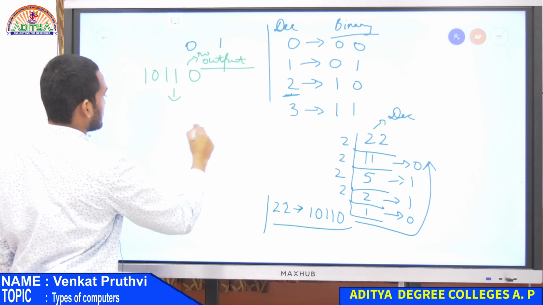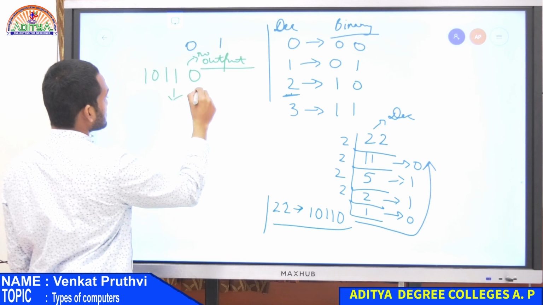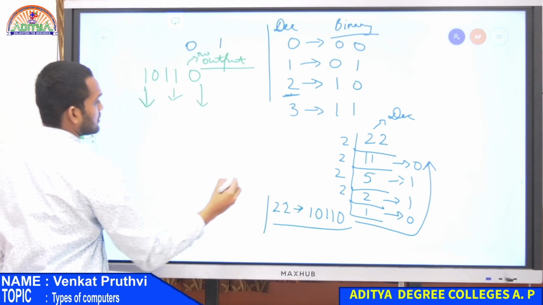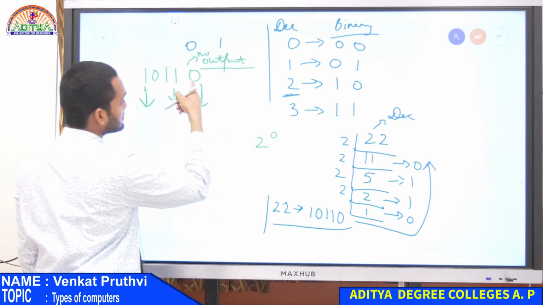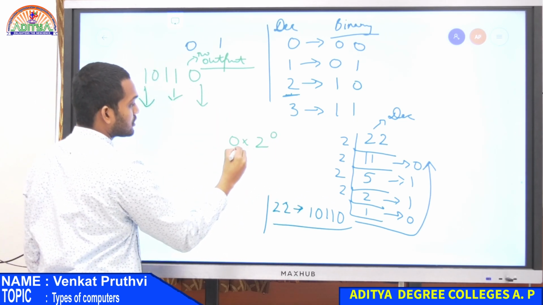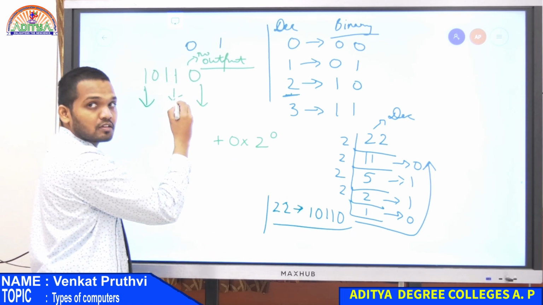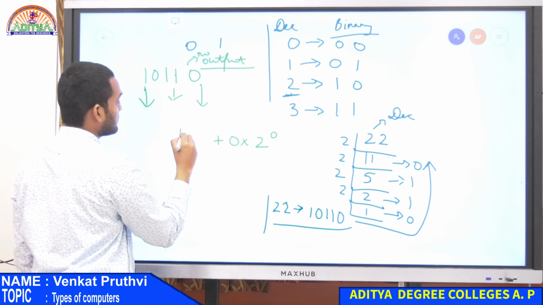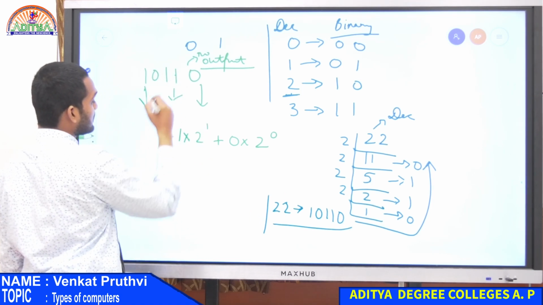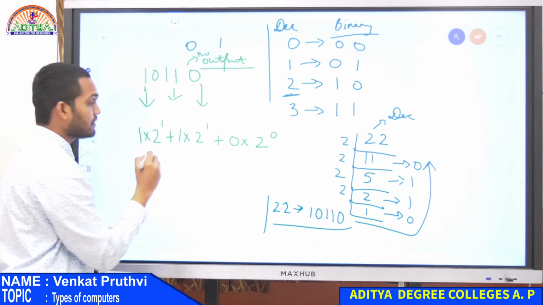Now, what is happening here? The last digit is 0, so this will be 2 power 0. What is the 0th units place value over there? 0. So you have to multiply it by 0. Then 1 is in the tens place, so it will be 1 into 2 power 1, and then we have 1 again in the hundreds place also, so it will be 1 into 2 power 2.